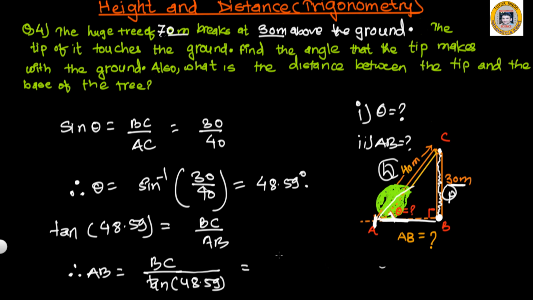Now the BC is 30, so 30 meter over tan 48.59. On using calculator, I get this as 26.45 meter.